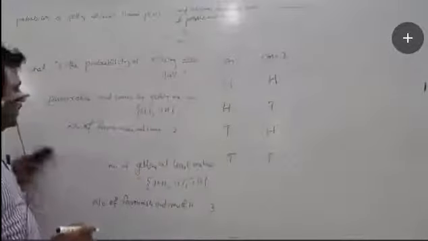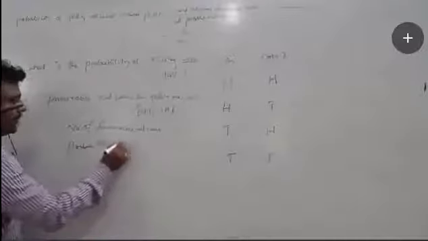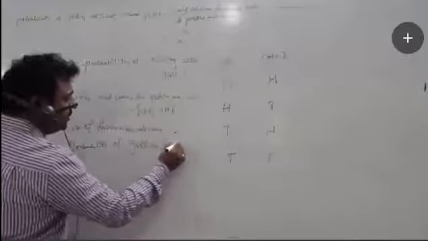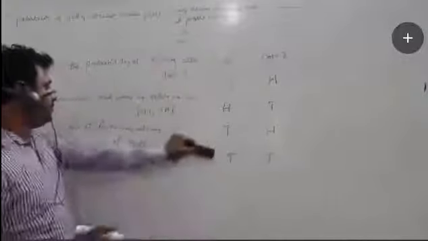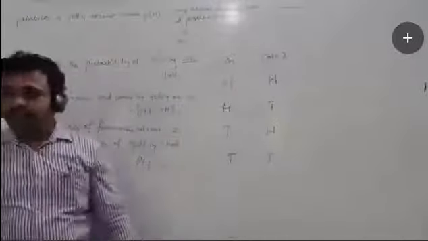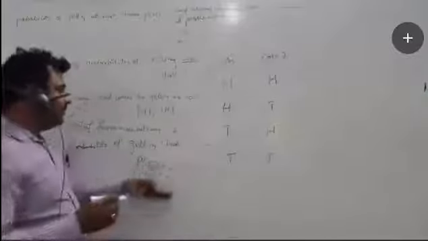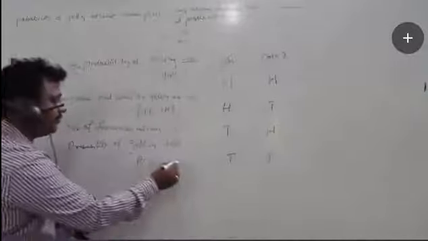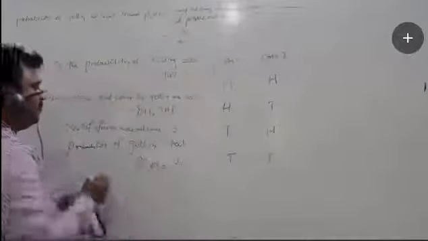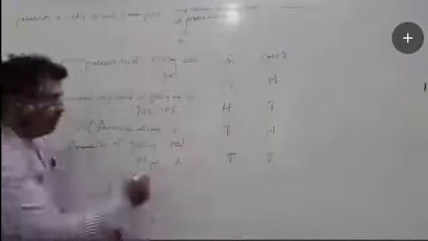Therefore, the probability of getting only one tail, P of T, is equal to favorable outcomes 2 by all possible outcomes 4.